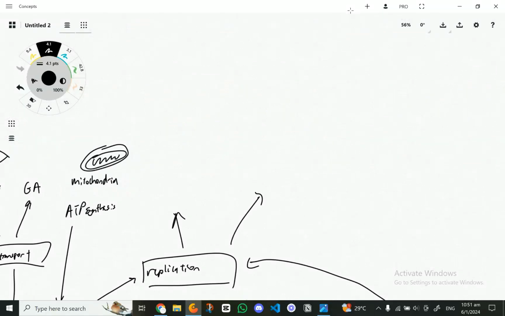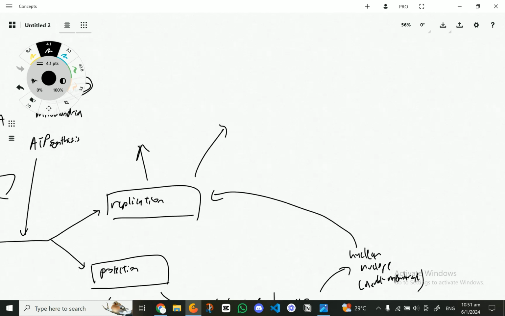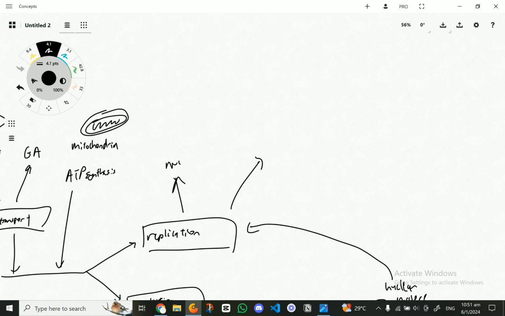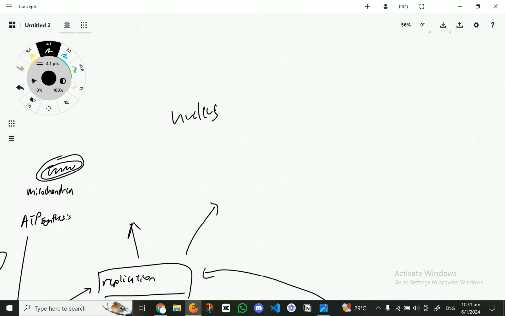And replication involves two things. One is, okay, this is the one I can't remember. I remember the individual parts though, but I don't remember the chunks. We got chromatid. Oh wait.